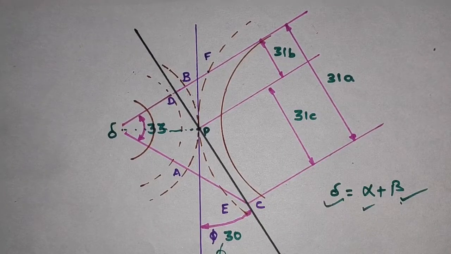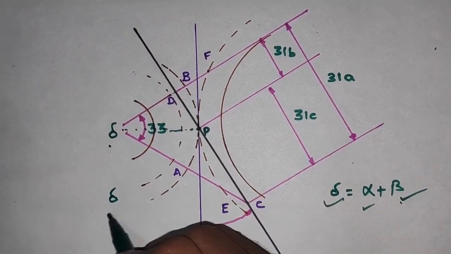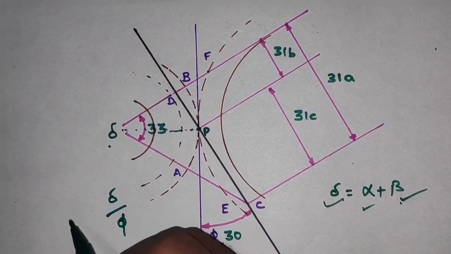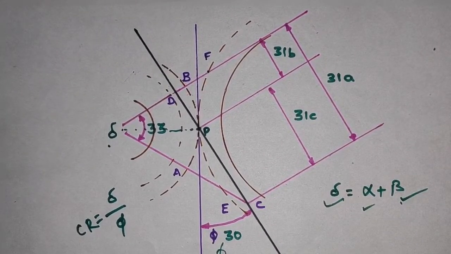Lastly, we'll see the contact ratio. The contact ratio is the ratio of the angle of action to the pitch angle, that is delta divided by phi. This is the definition of contact ratio.